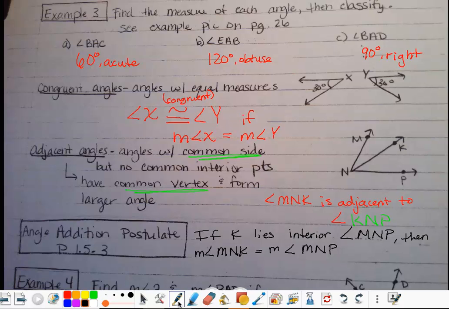So let's break that down. Are you done writing actually? No. Okay, let me let you finish writing the definition before we break it down. Because my hand's shaking. If K lies interior to angle MNP, then the measure of MNK is equal to the measure of MNP.